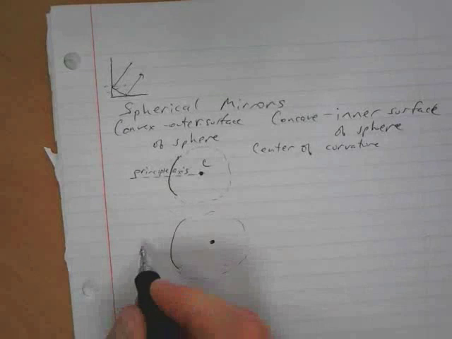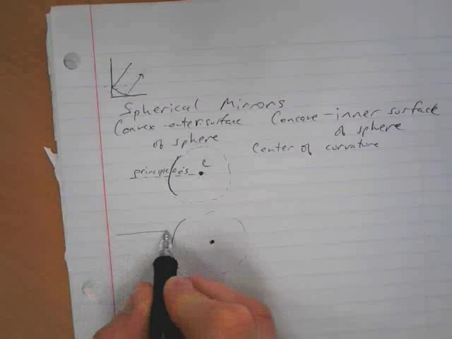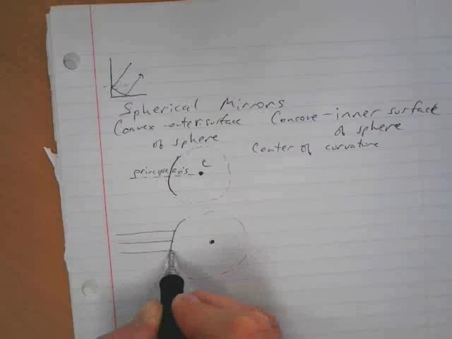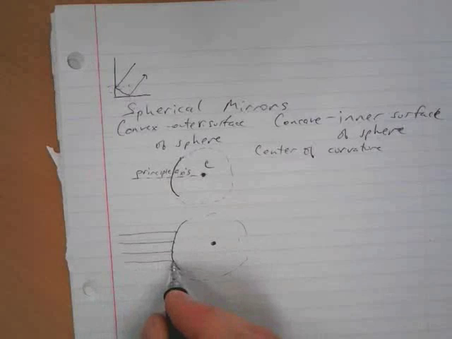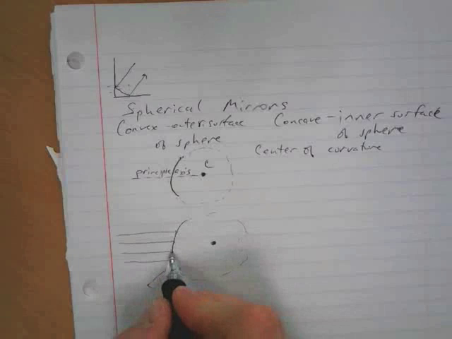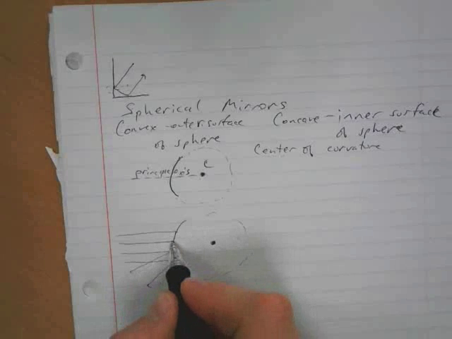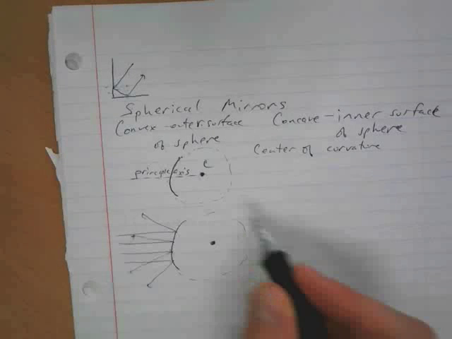If we have a bunch of parallel light rays coming in and hitting the mirror, following the law of reflection, they're going to bounce back in all directions, but they're going to be bouncing back so that their angle of incidence and angle of reflection are equal. And I'm just estimating where these are going to be.